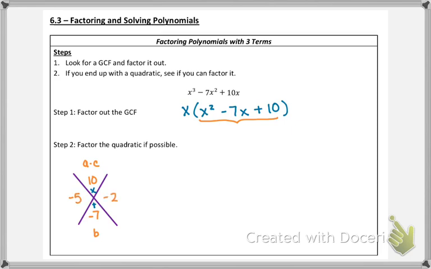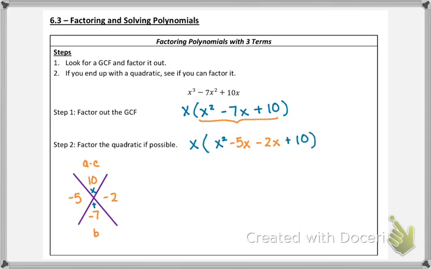And with these two numbers, this is how we're going to break up this negative 7x over here. So in our next step, we're going to keep the x that we already factored out there, and we're going to break up the negative 7x into negative 5x and negative 2x. I'm going to split it up.